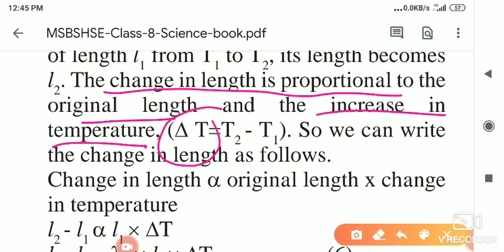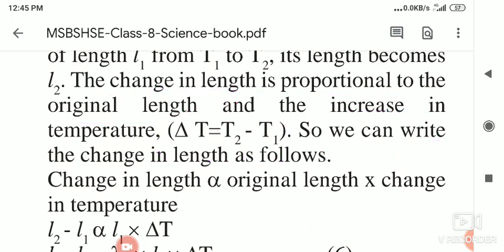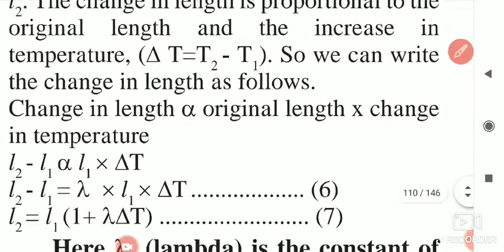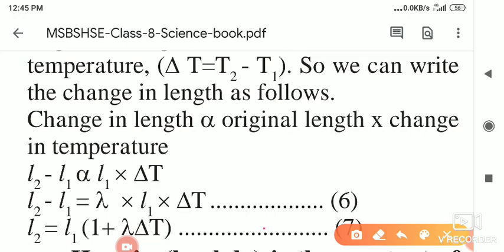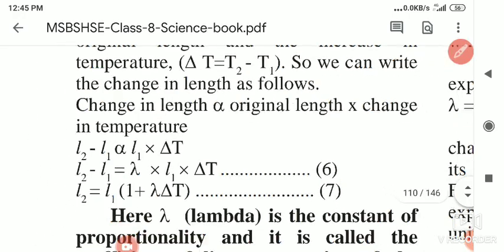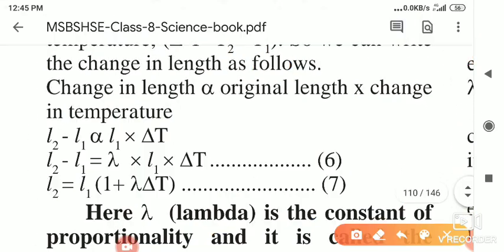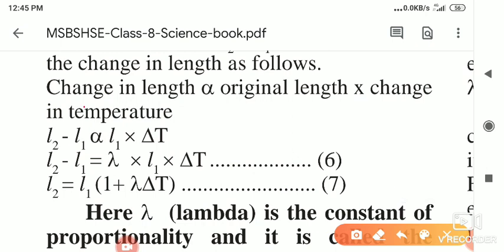So delta T equals T2 minus T1, that is the change in temperature, where T2 is the final temperature after providing heat and T1 is the initial temperature of the wire. So we can write the change in length as follows: the change in length is alpha times the original length times the change in temperature. So how is this change in temperature?